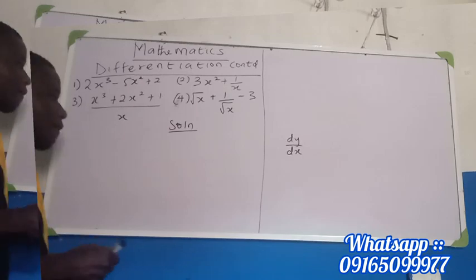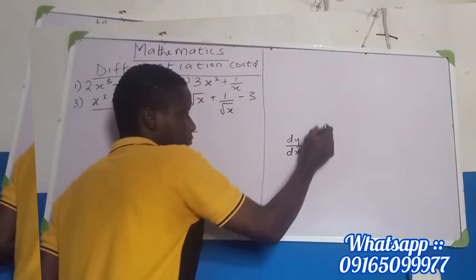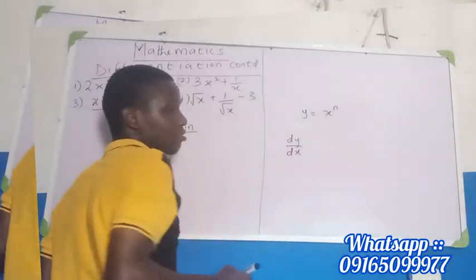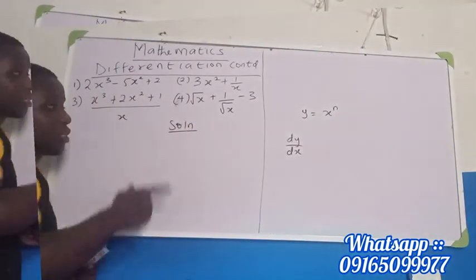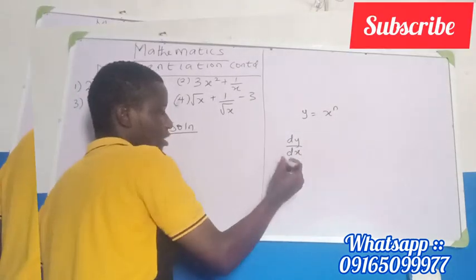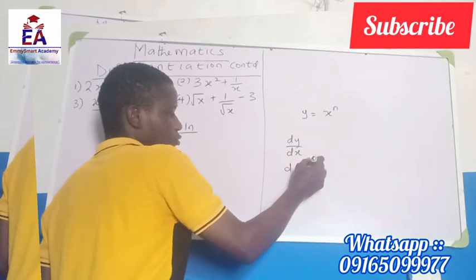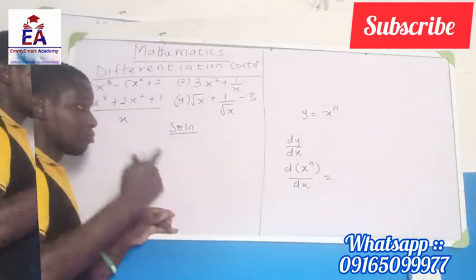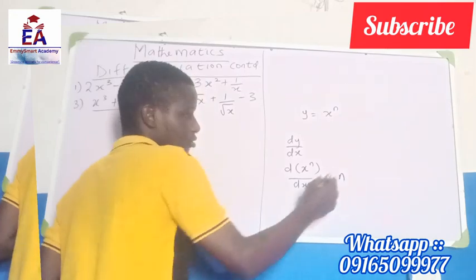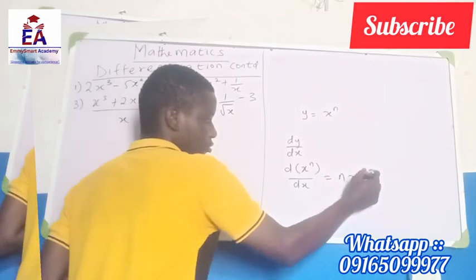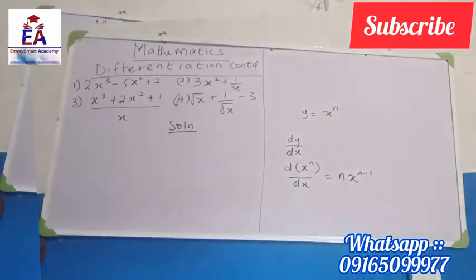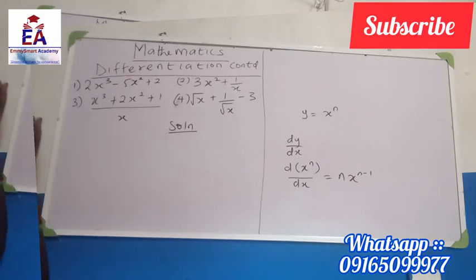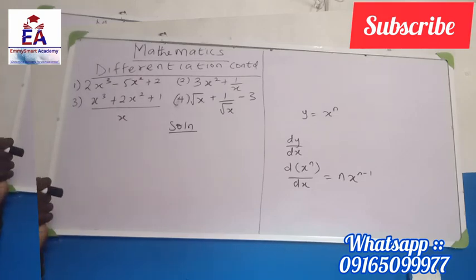If I have y equals x to the power n, and I want to differentiate this y value, dy/dx, remember it depends on x. The n comes down, and x to the power n minus 1. We call this the general rule for differentiation.